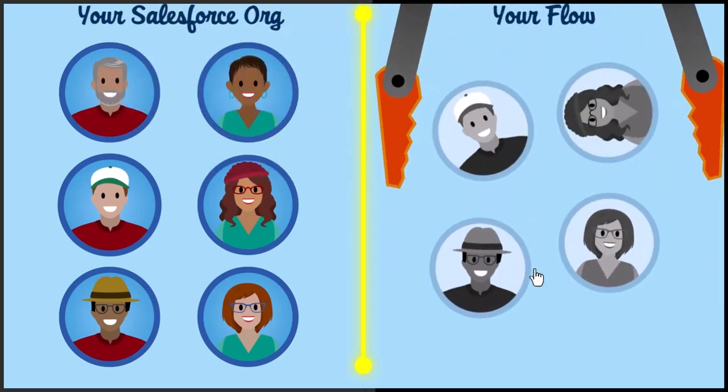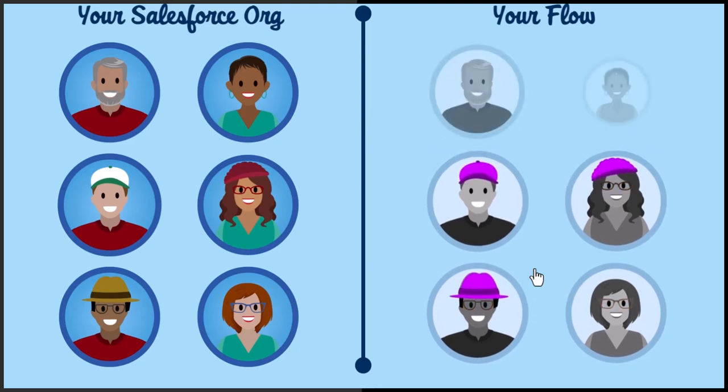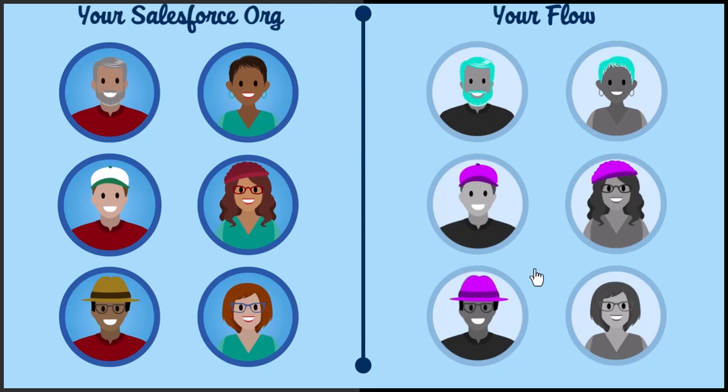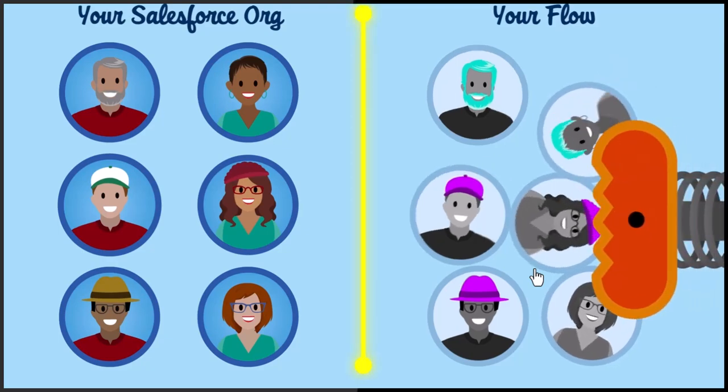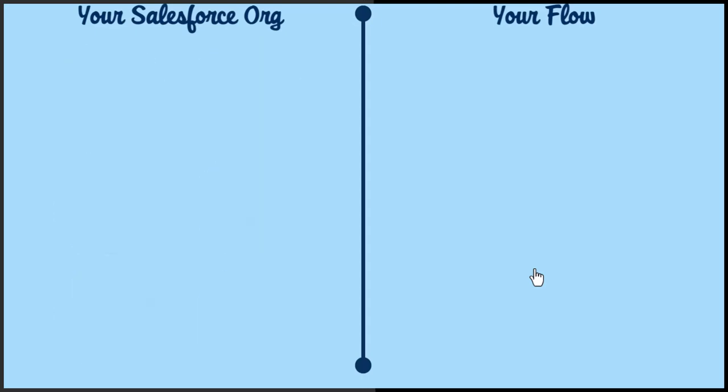Once the records are in the flow, you can work with the information in several ways. You can inform decisions, update the records that you pulled into the flow, update other records. All of these decisions, updates, etc. are temporary and exist only in the flow until the information is sent back to your Salesforce org. This can be done with the create, delete, and update records data elements. GetRecords pulls info into your flow, and the create, delete, and update records elements push that info back into your Salesforce org. Let's follow a real-world example of these ideas.